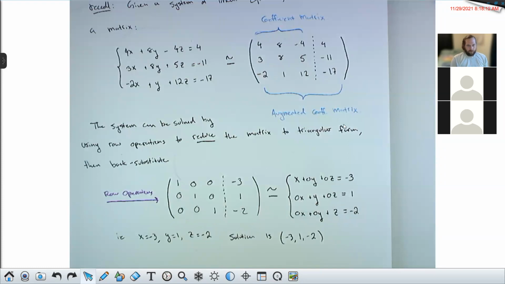So in general, what we needed, this triangular form, let me sketch in what we called our triangular form. Different color maybe.